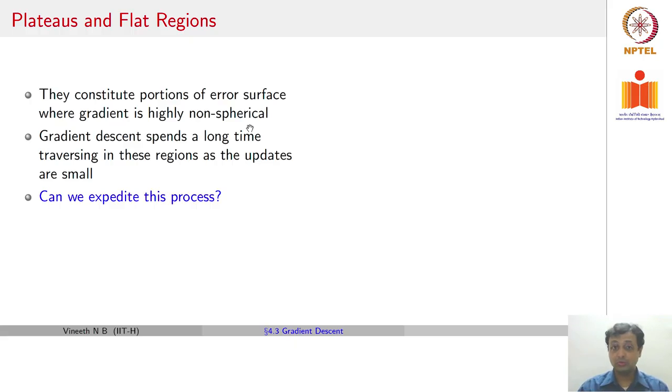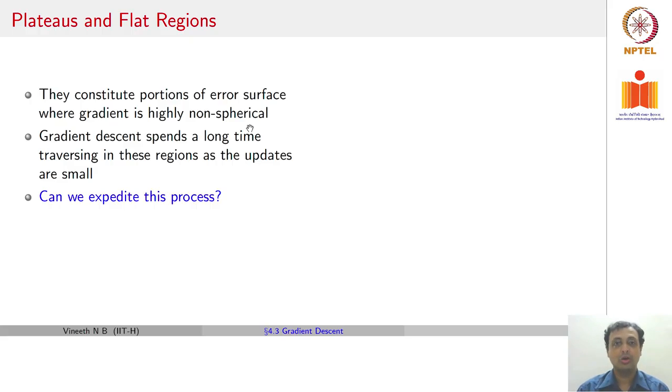Now, if all of those gradients have similar values at a particular weight configuration, you would then say that that area of the error surface is spherical because it has equivalent values in all dimensions. But when you go to a plateau or a flat region, you're going to have very largely elliptical shapes where in one dimension things move very slowly, whereas in another dimension things could move rapidly.